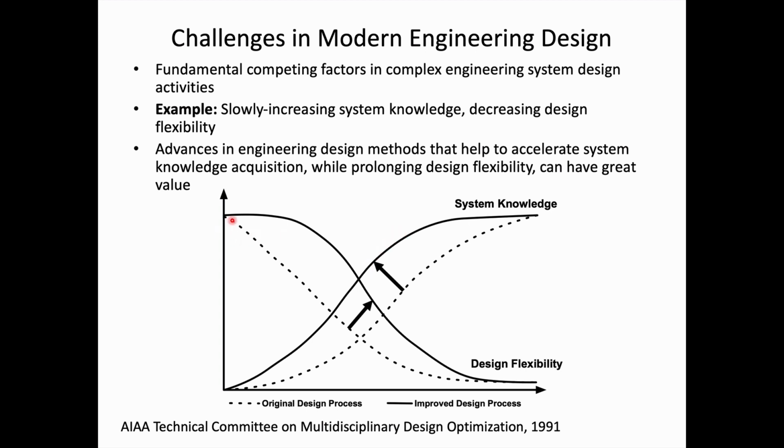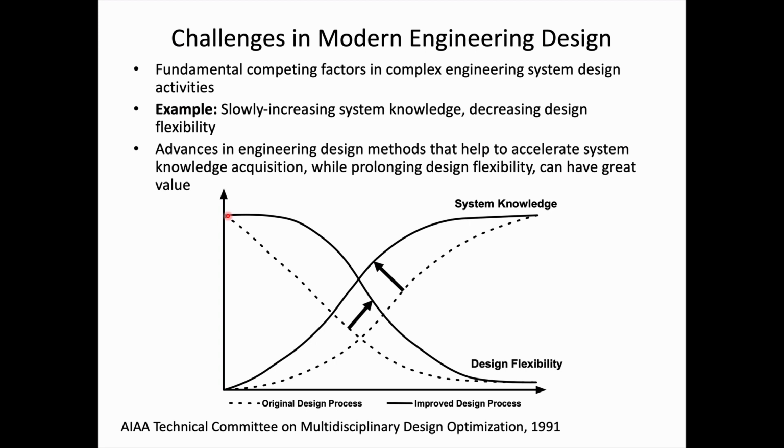Conversely, if we're looking at flexibility, we would like to prolong design flexibility. We'd like to have the ability to change our design decisions later in the process if we can. If we're using a design automation approach, like a design optimization strategy, then that may reduce the cost of changing design decisions.